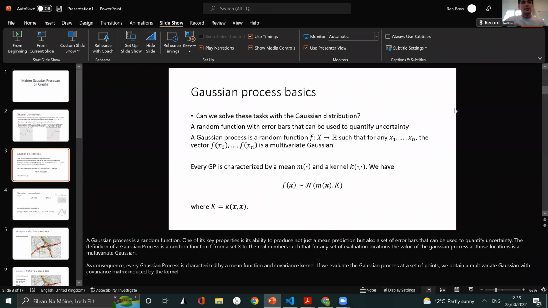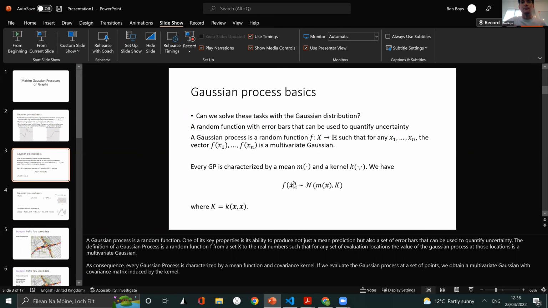So the definition of a Gaussian process is a random function f from a set X to the real numbers, such that for any set of evaluation locations, the value of the Gaussian process at those locations is a multivariate Gaussian.